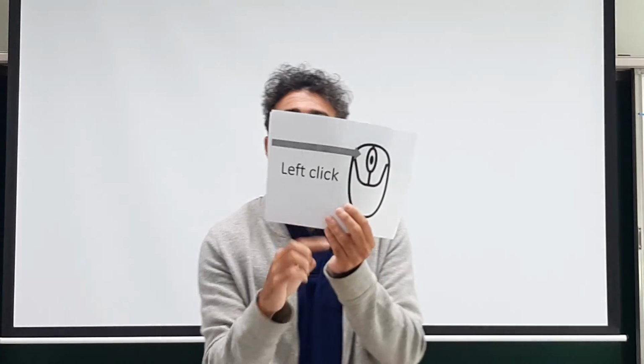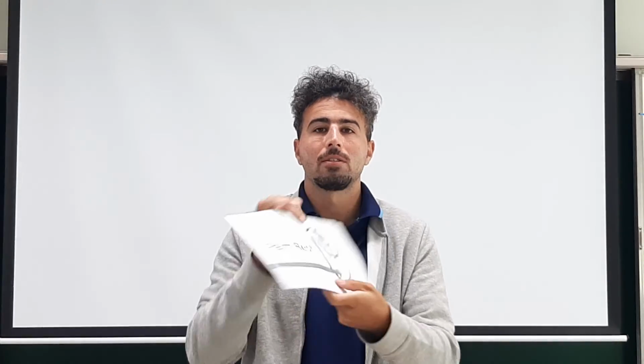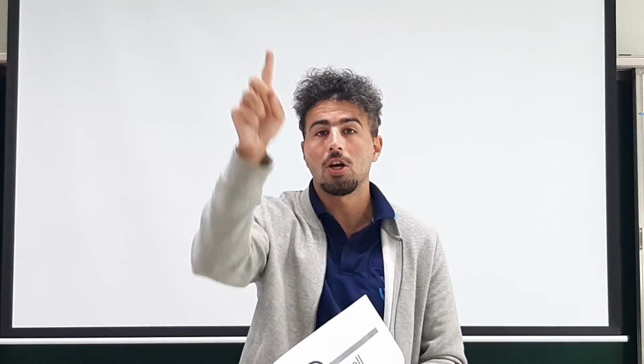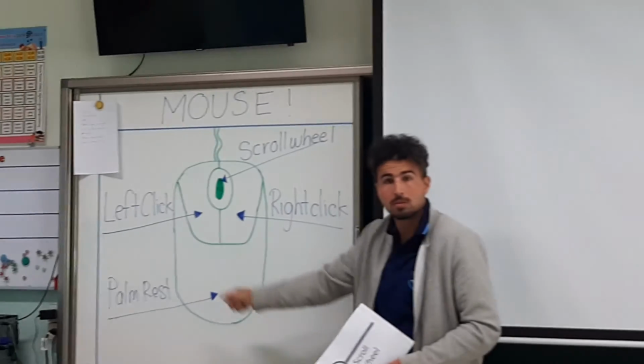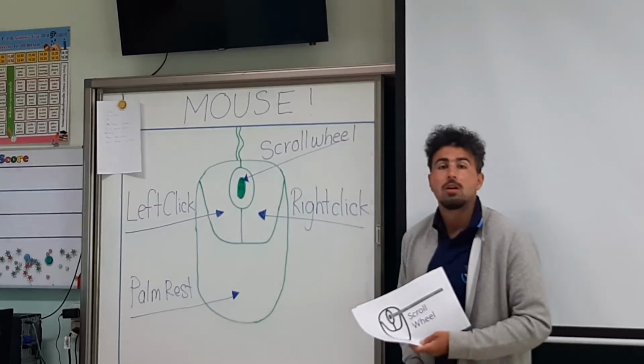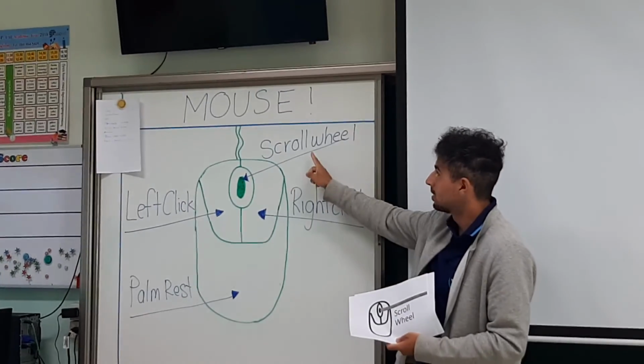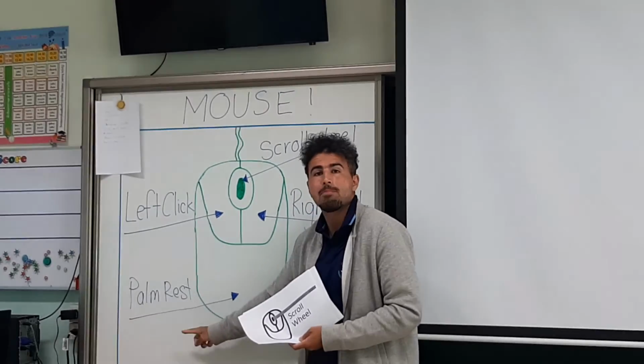So I need you to write left click and right click and palm rest and scroll wheel. I want you to draw a picture and label 4 things on the mouse, just like I did here. Draw your mouse and label: right click, scroll wheel, left click, palm rest.